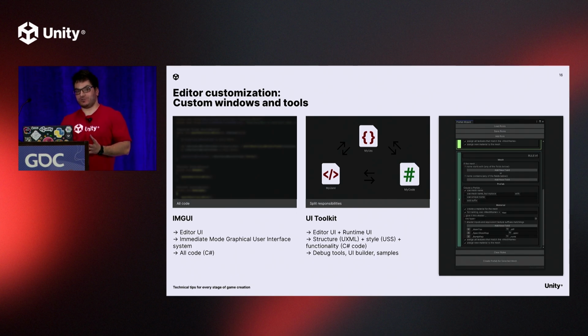Two, the style, which is how it shows up on your screen, things like text being bold or the color of buttons, and that's the USS file. And then the C# code, the functionality, as separate. This allows folks who have a familiarity with web, for example, to come in and more quickly pick up how to develop UI for the editor or for the runtime.